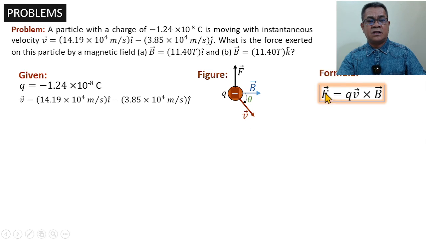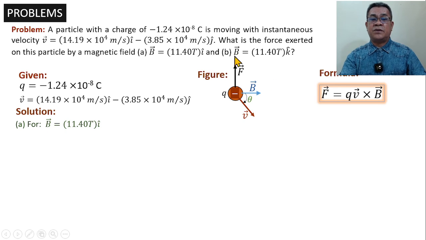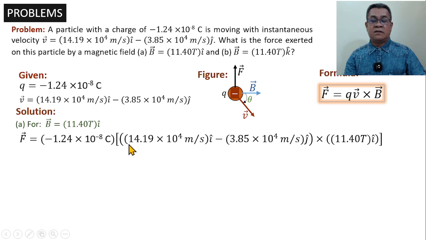The formula says to calculate this force, you need q, and take the cross product of the velocity vector and the magnetic field. So do it. Okay. So for A, you have to use this one, I hat 11.4 I hat, then substitute that magnetic field, and we have this charge, and this is the cross product, meaning this is the velocity, and this is the magnetic field.